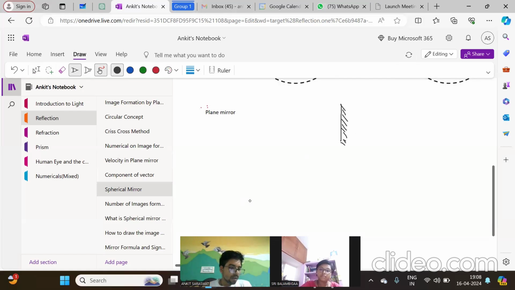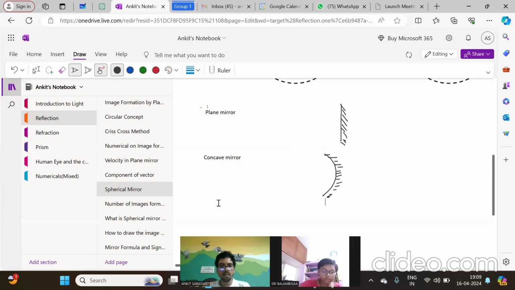Now what is concave mirror? Just see the diagram only. Concave mirror is like that, curved inwards, like this. This is polish.